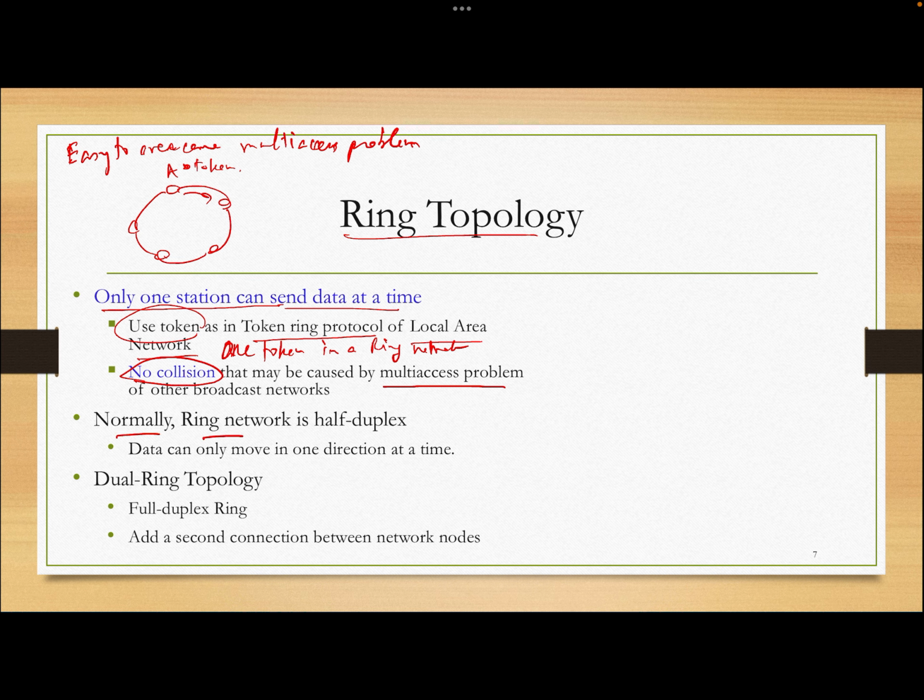Now normally a ring network is half duplex, so data moves in one direction at a time. But if you want bidirectional communication, you can use a dual ring and it becomes a full duplex ring.